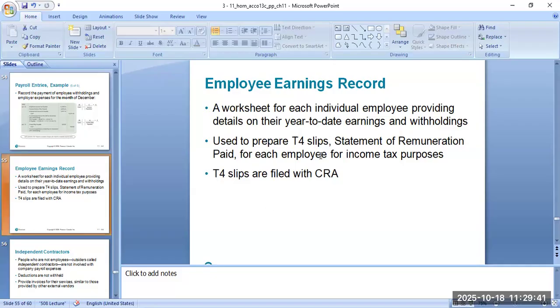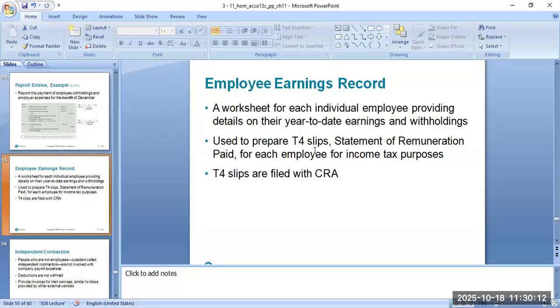So employer owes to the employee information about all the earnings and withholds during the year. And for that reason, employer prepares a T4 slip, which is due. The employer has to provide this information to the employee and to Canada Revenue up to February 28th.